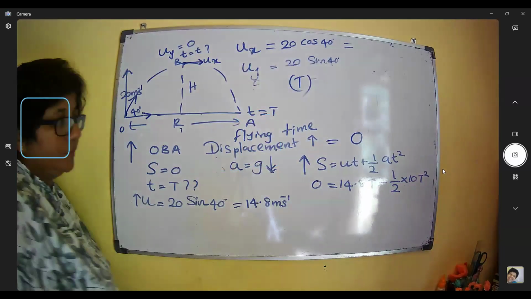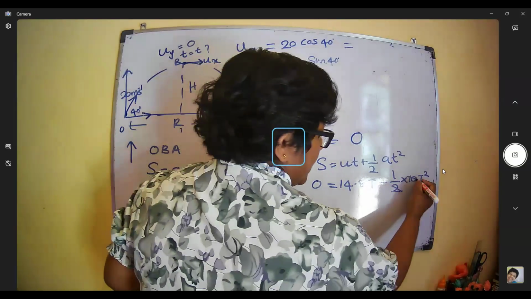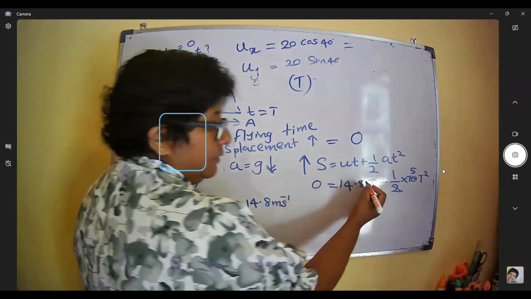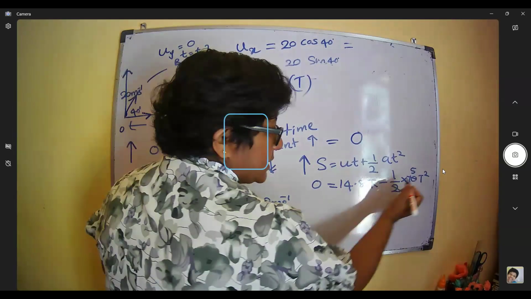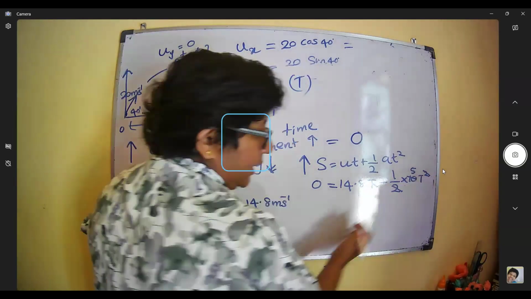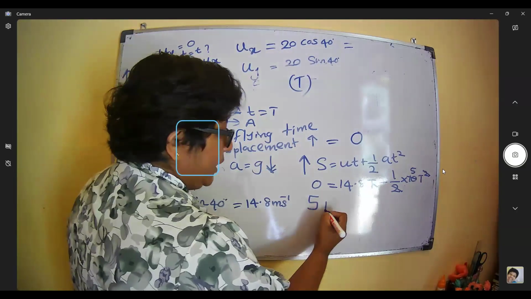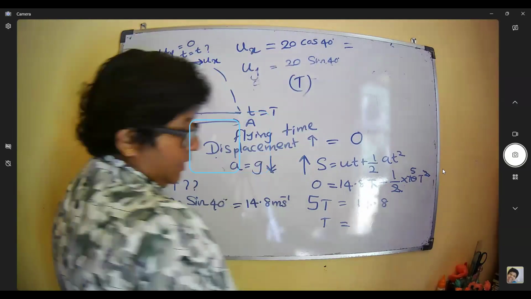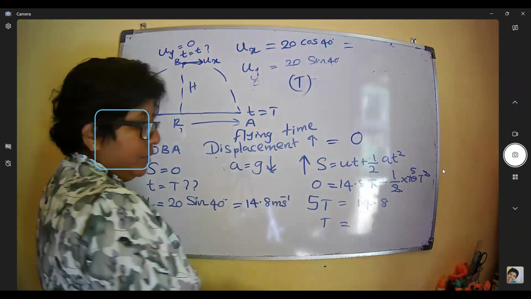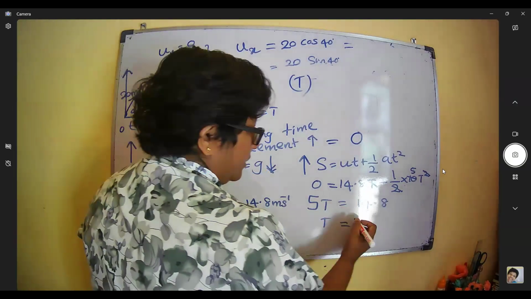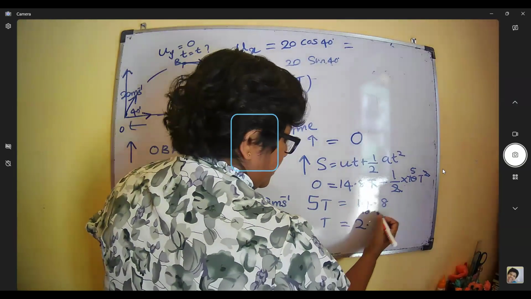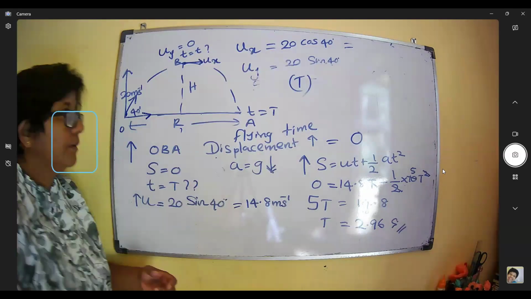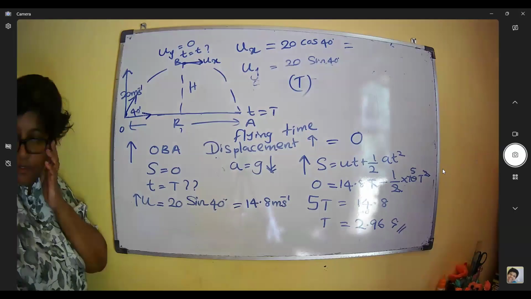Then this is cancelled out, 5. Then 0, here we can cancel one t. Then 5t is equal to 14.8. Then t is equal to 14.8 divided by 5, right? This is 2.96, two times the previous one, right?